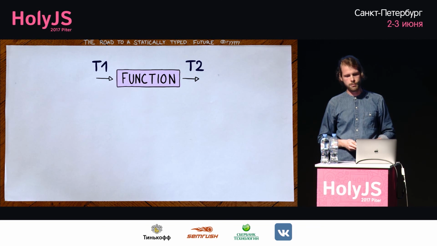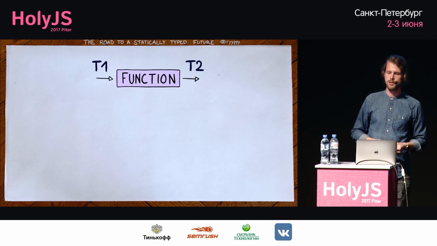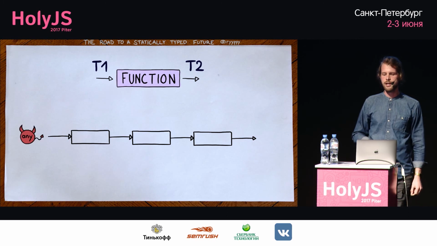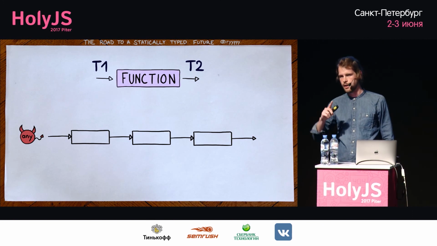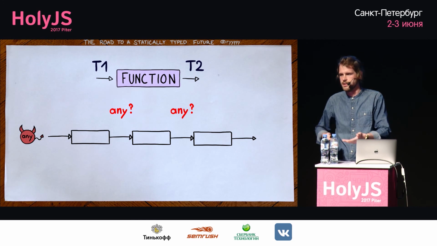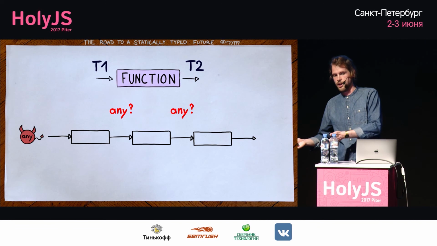So let's go back to our compose function. We have a function which gets a generic T1 and outputs T2. This is how the type system would see it. And we have our compose chain. So if you put in any, and we have only local type inference, that means if these functions are not annotated at all, it can just return any, because it just says, okay, I get any, and plus whatever is any.